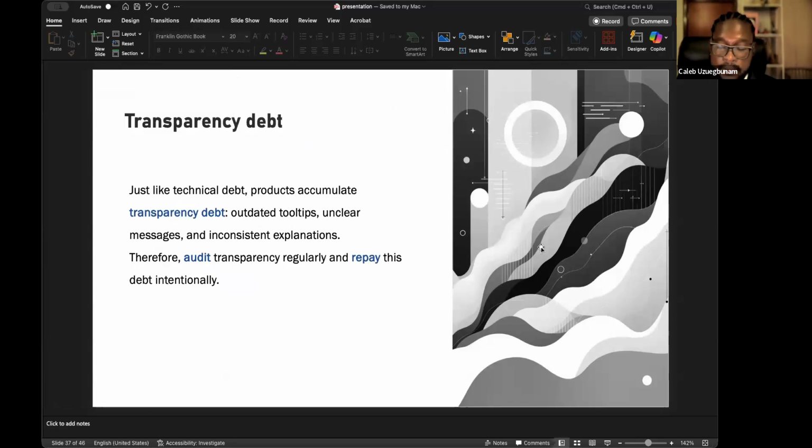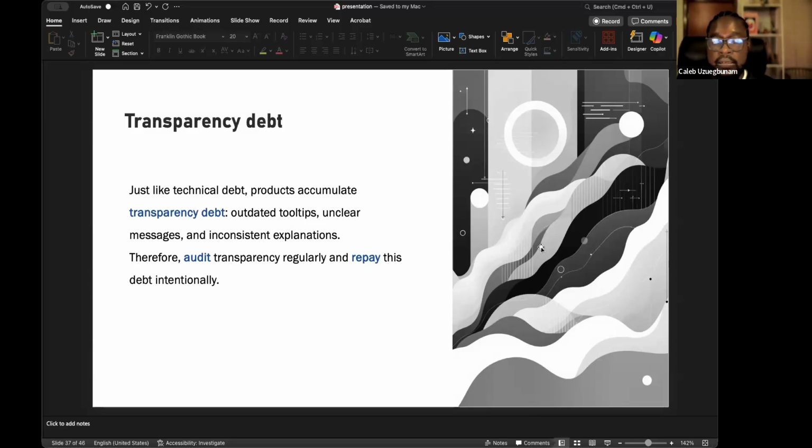Just as technical debt, products eventually accumulate transparency debt, and they are usually as hard to identify as technical debt. At least for technical debt, you can maybe create a bunch of Linear tickets that can always stay in backlog, and when the team grows in capacity, the new engineering members can go in there and fix the technical debt.